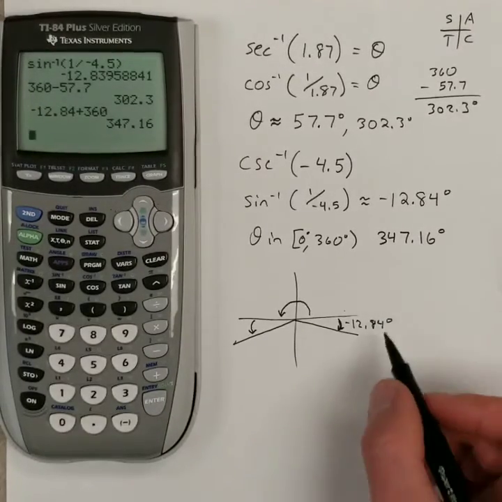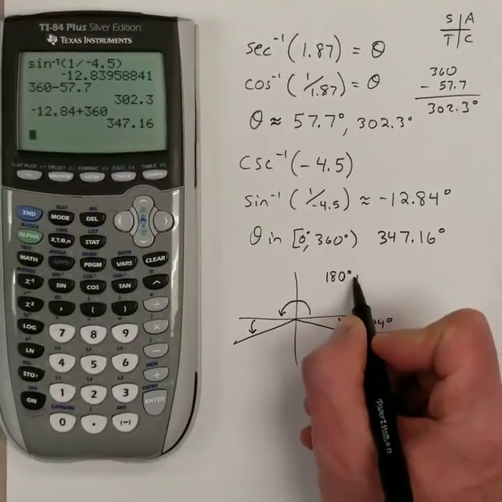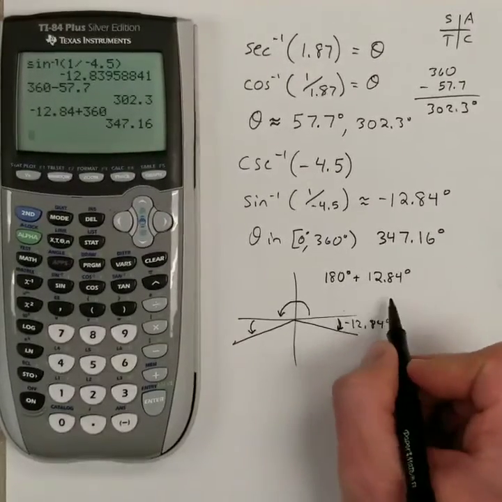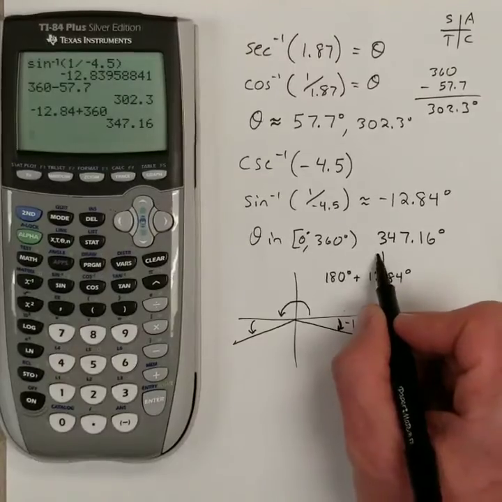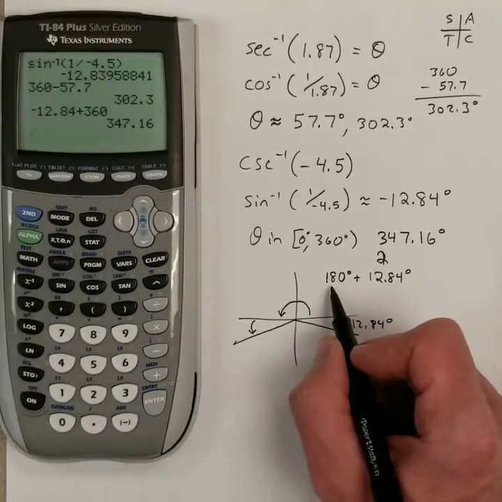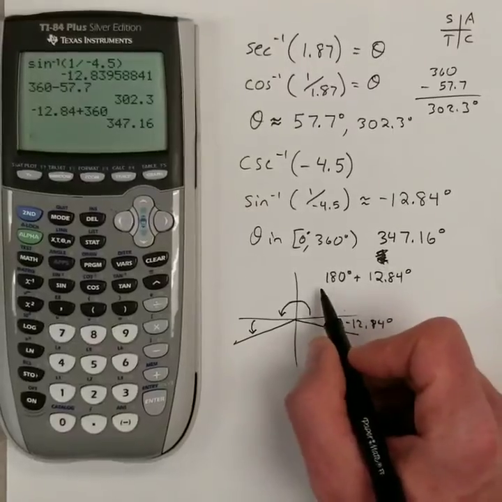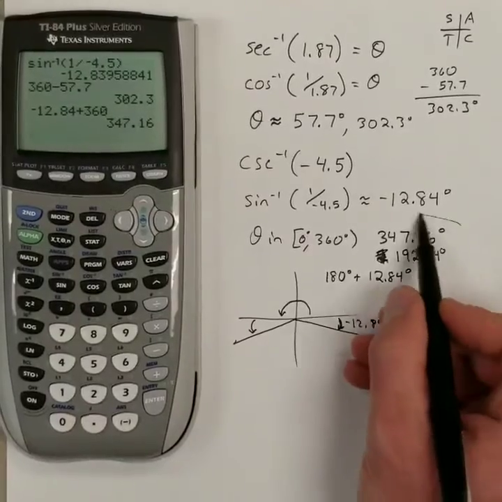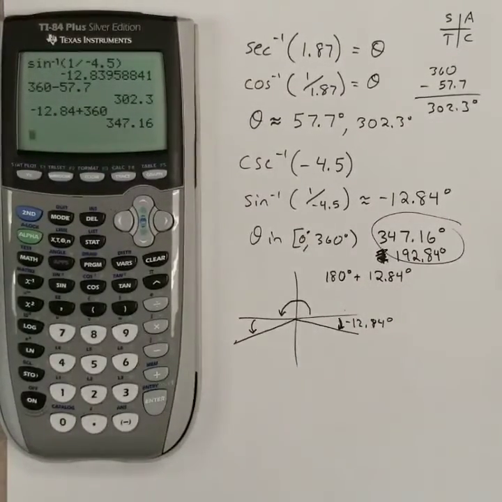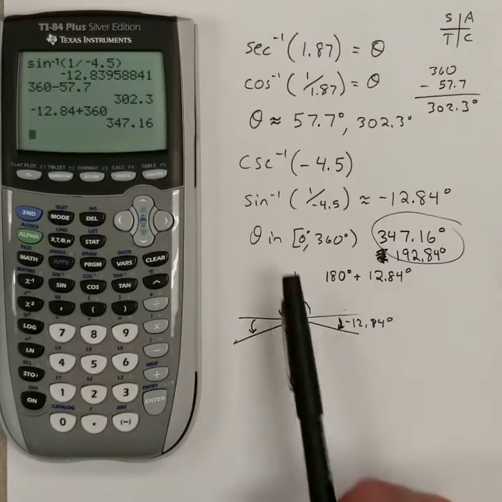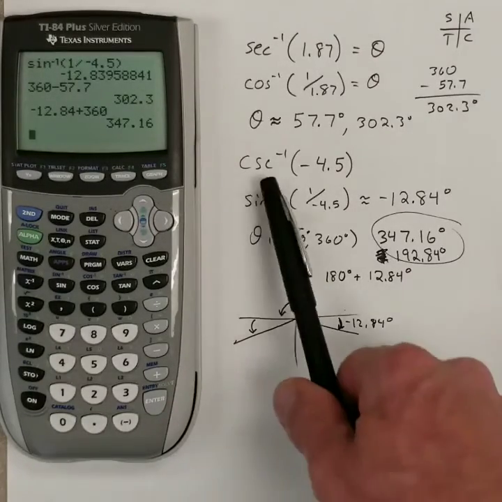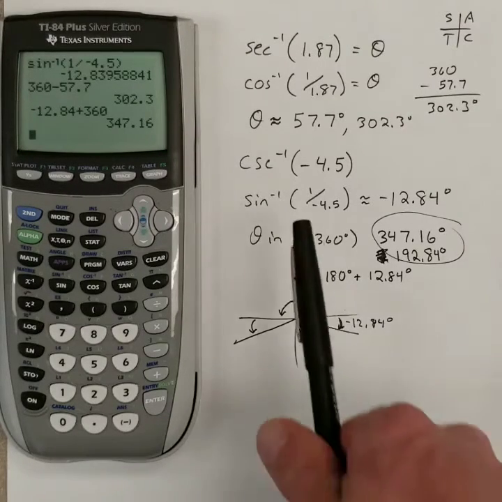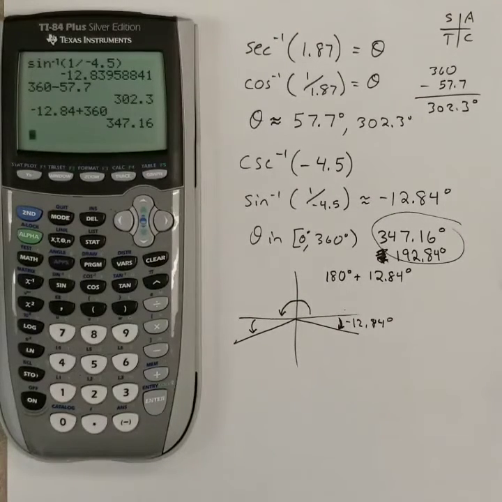So you would take 180 plus 12.84, and that would give you what, 200, no, I had it right the first time, 192.84. That's the other angle. So there's actually two angles between 0 and 360 that have the inverse cosecant of negative 4.5.